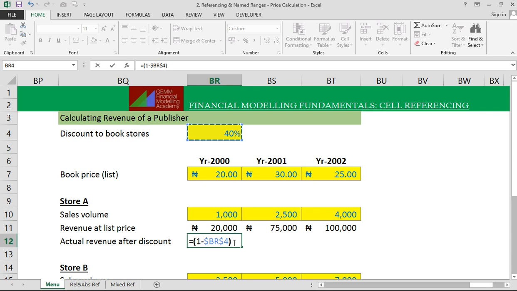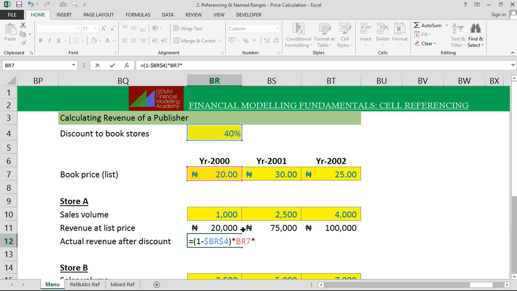So this multiply by the book price. So this will give us the book price after the discounts. So all of this we need to multiply it with the volume.